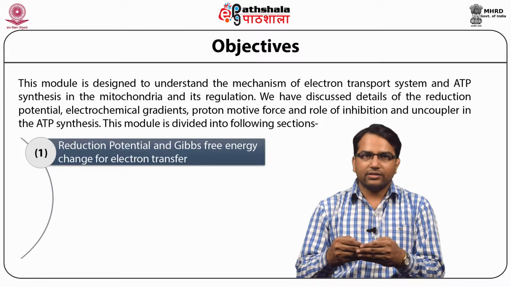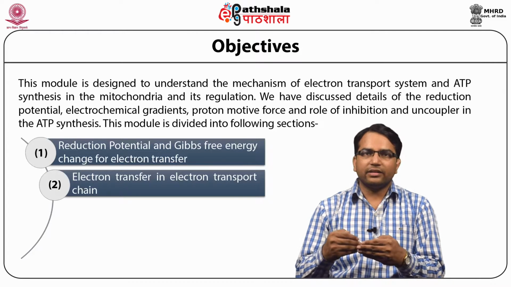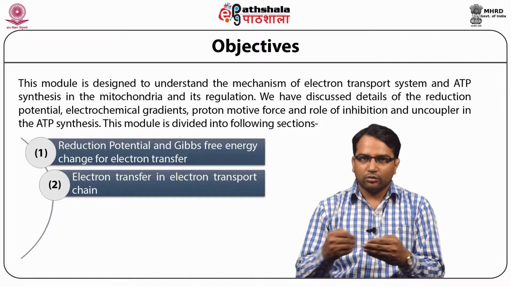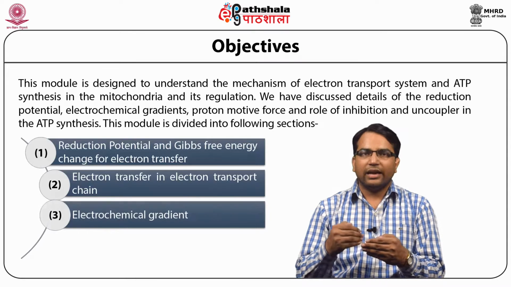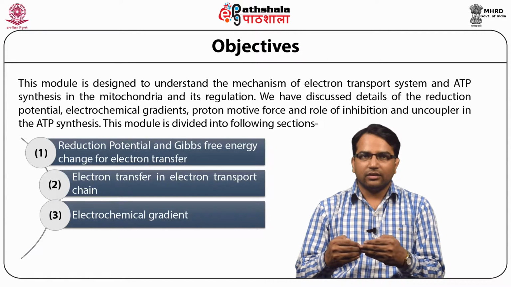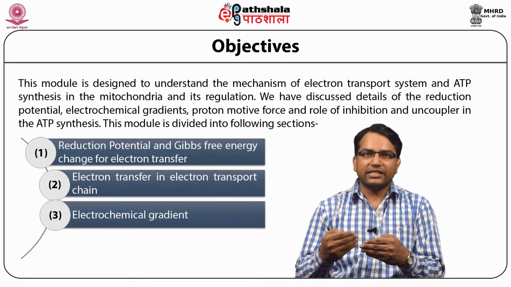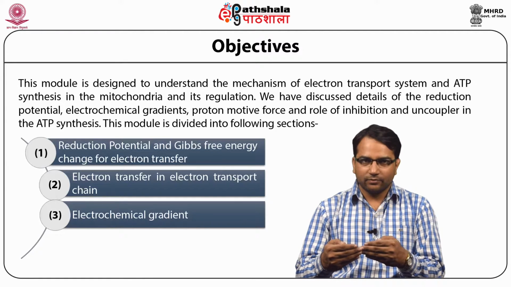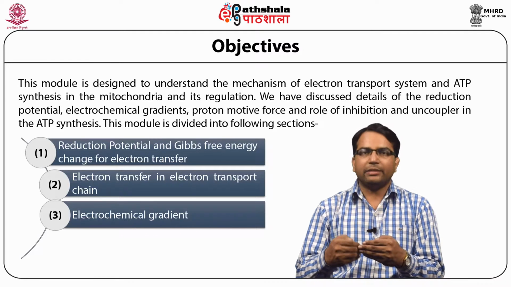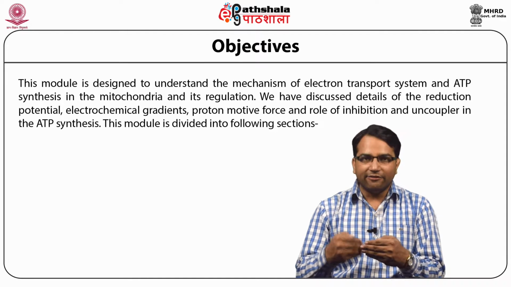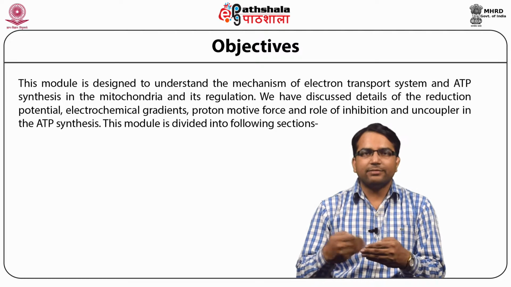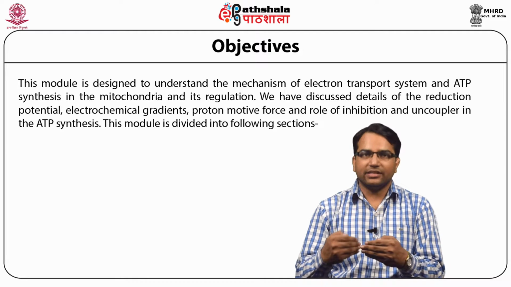The second one is electron transfer in the electron transport chain, that is, how the different carriers are participating in the electron transport system. The third one is the electrochemical gradient: how it is created in the periplasmic space and how it is responsible for ATP synthesis. Then we will discuss the chemiosmotic theory, which is given to explain the mechanism of ATP synthesis by ATP synthase.